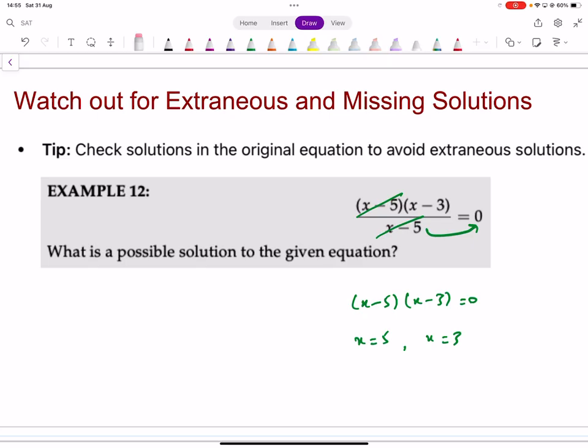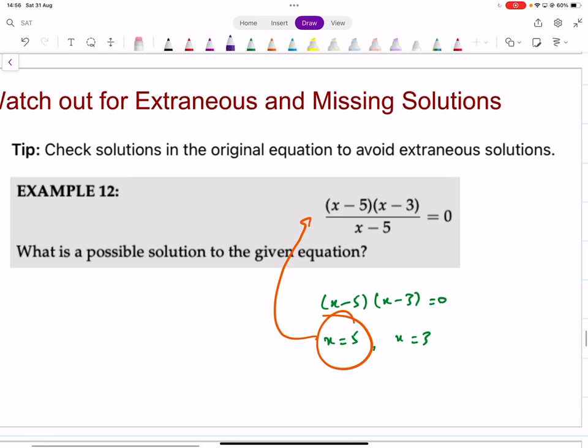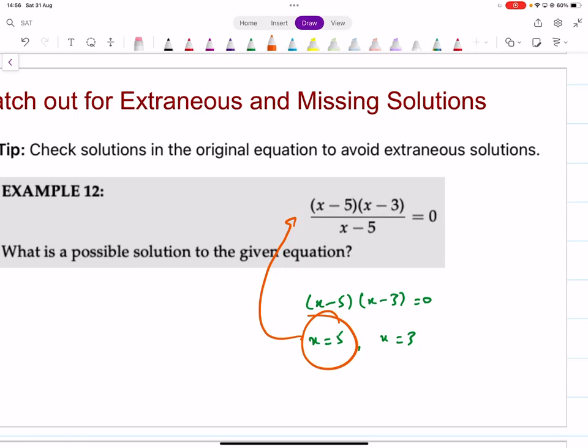Whenever you solve an equation, try to verify if the answers work by inputting them in the equation as well. x equals 5 does not work. Why is that? So I'm telling you x equals 5 is not a solution of this equation. Can you spot why? Because if you input x equal to 5 there, what you get is 0. x minus 5 becomes 0.